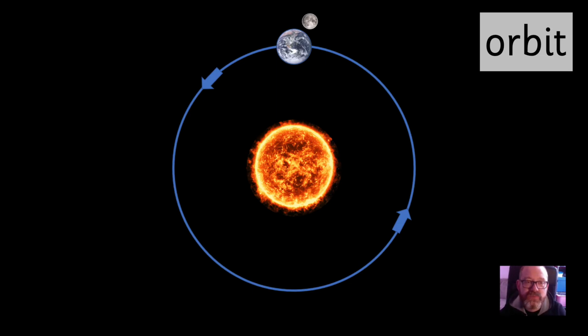And as the moon orbits around the Earth, it also does that in an anti-clockwise direction. And then while all of that's happening, the Earth is also rotating. That means it's spinning around, and it spins in an anti-clockwise direction. So the whole time it's orbiting the sun, it's spinning around, and also the moon is orbiting around the Earth.